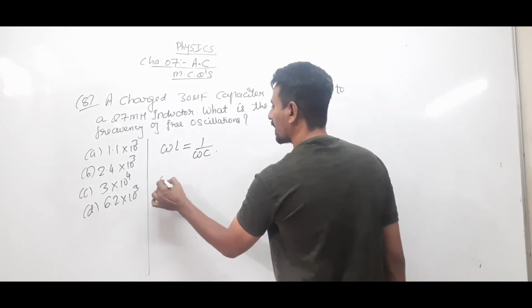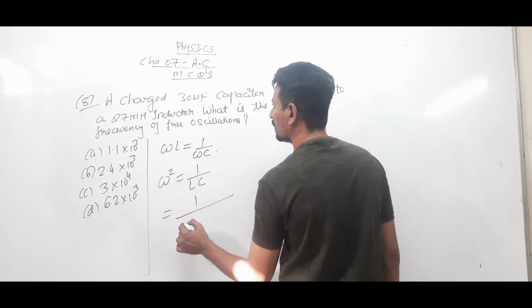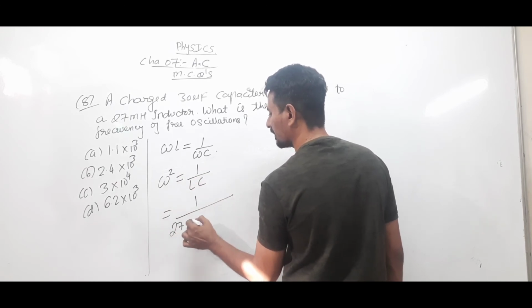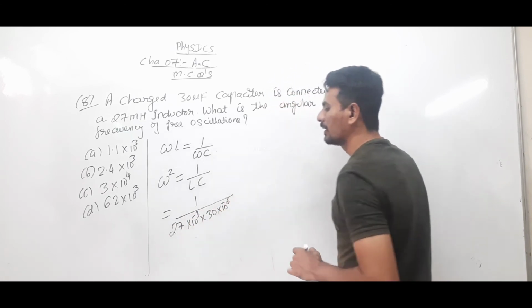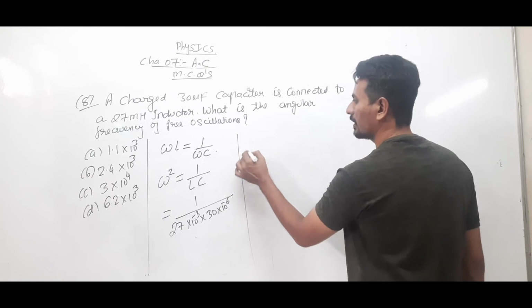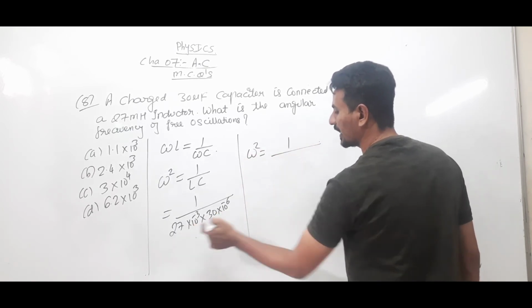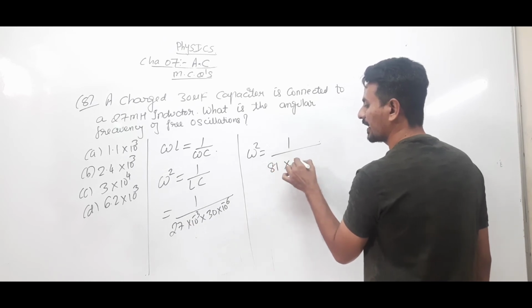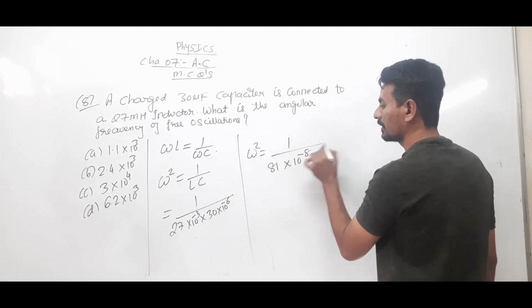So omega square will be equal to 1 by LC, 1 upon 27 into 10 raised to minus 3 into 30 into 10 raised to minus 6. Right? So omega square will be 1 upon 27 into 3, 81 into 10 raised to minus 8.